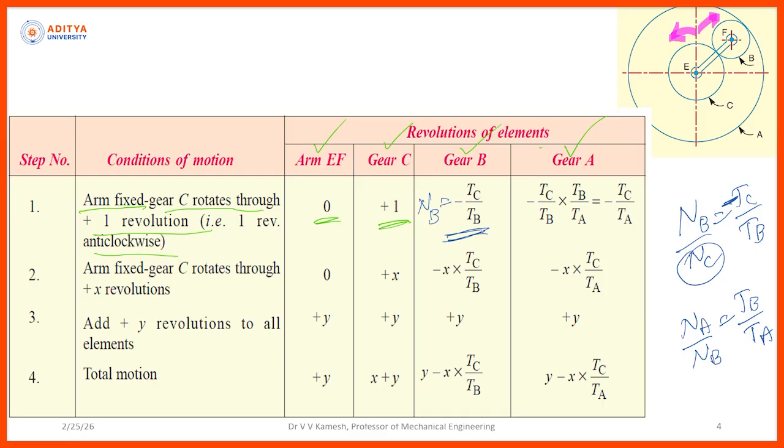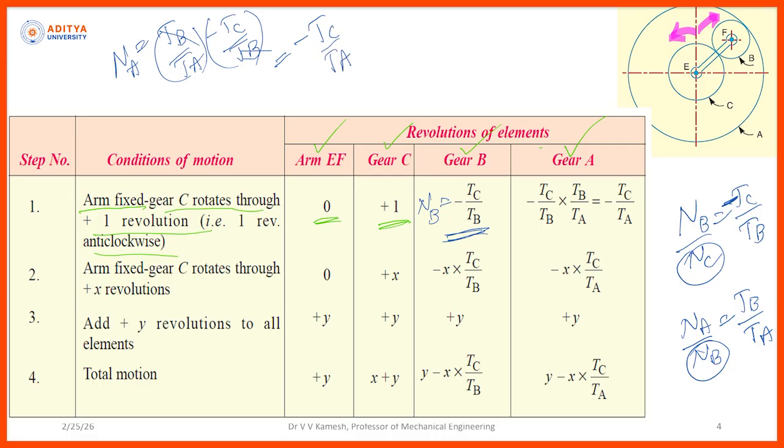What is NB? You substitute it because I don't know the exact value. So NA is equal to TB by TA into NB. What is NB? Minus TC by TB. So you need to multiply with this. TB gets cancelled, giving minus TC by TA.